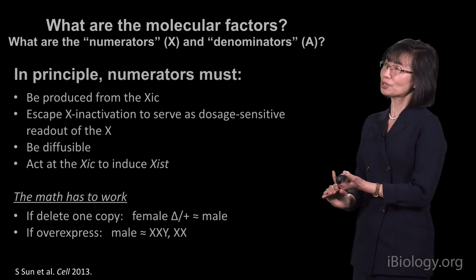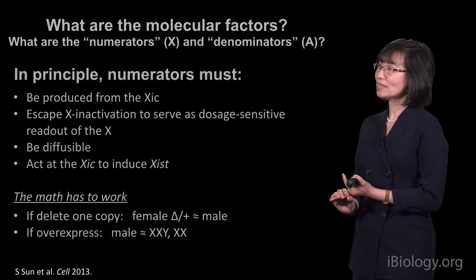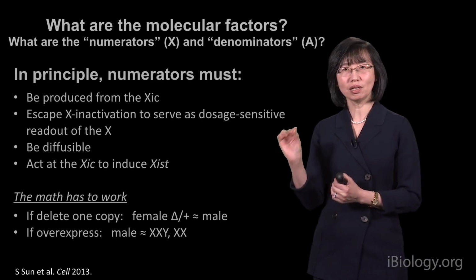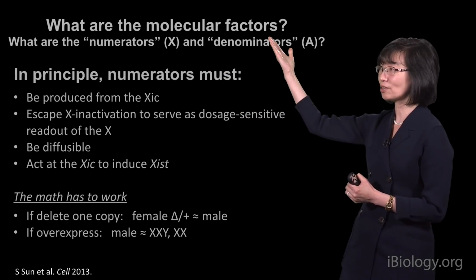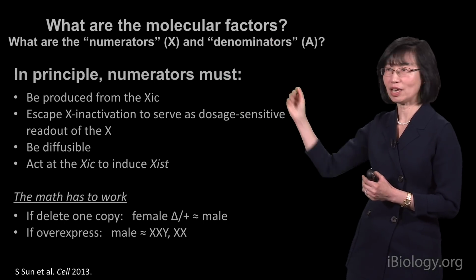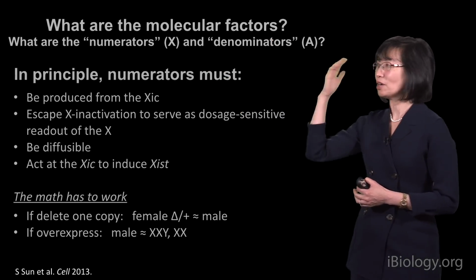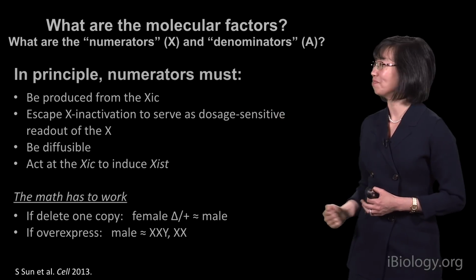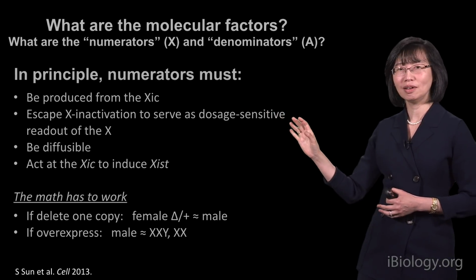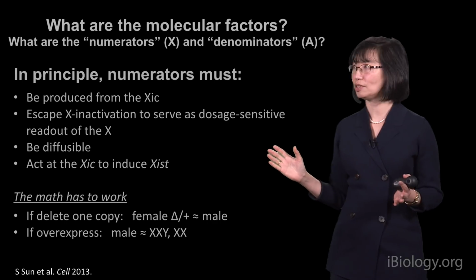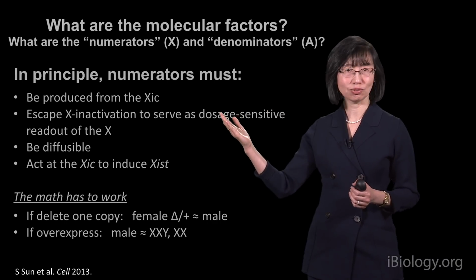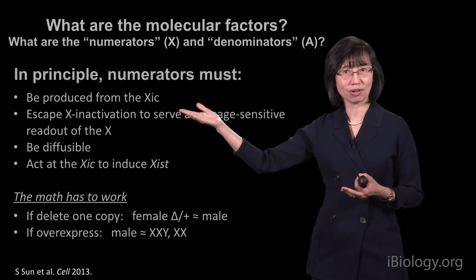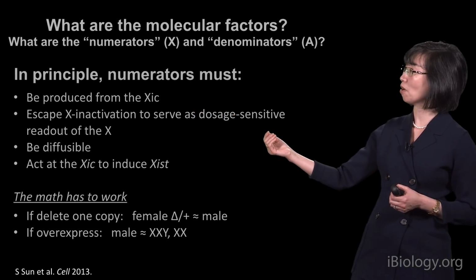Okay, so then we get down to what are these molecular factors that make up the X, right? And what are the factors that make up the A of the X to autosome ratio? And here we'll start with the numerator, the X. All right, so in principle, without knowing all that much about what these factors are, we can say that the factor has to be produced from the X inactivation center from those transgenesis experiments that I showed you before.